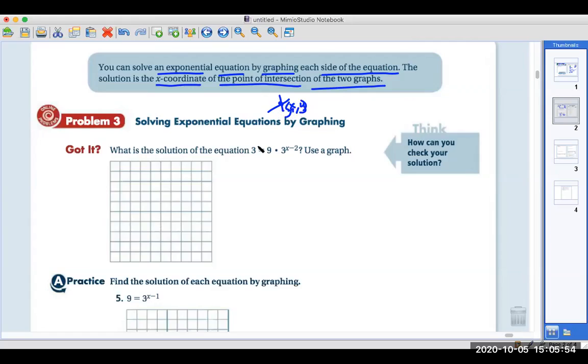So when you graph it, see how you have an equation here? You have a left side and a right side. So you're going to put a y in front of the left side and a y in front of the right side. And you graph both of these in the same coordinate plane and see where they intersect. So we're going to do that real quick, and I'm going to pause.